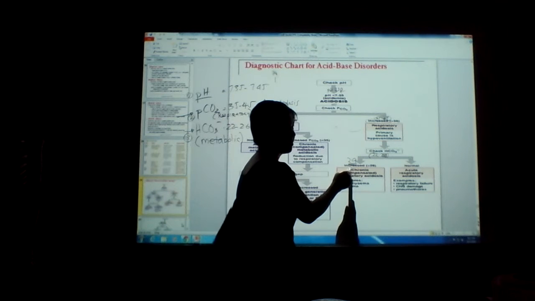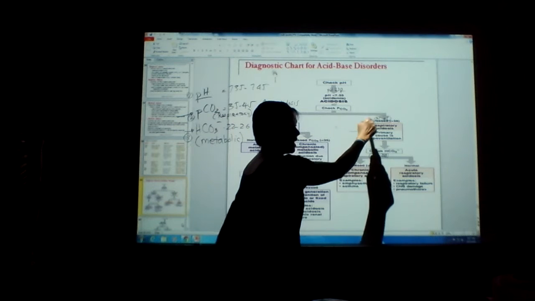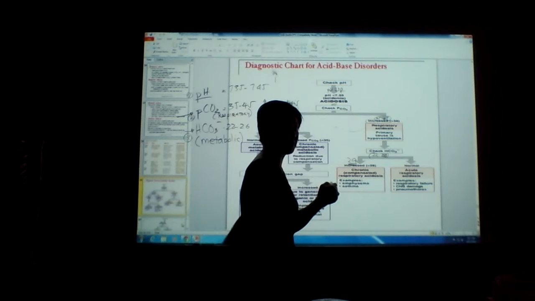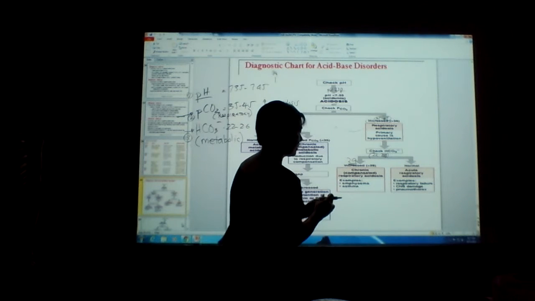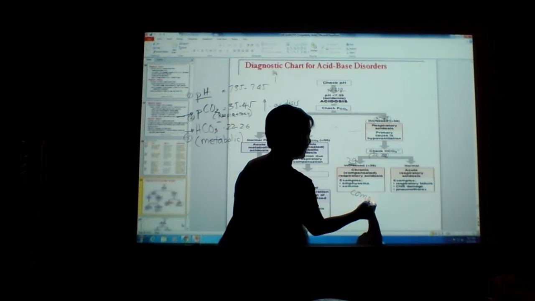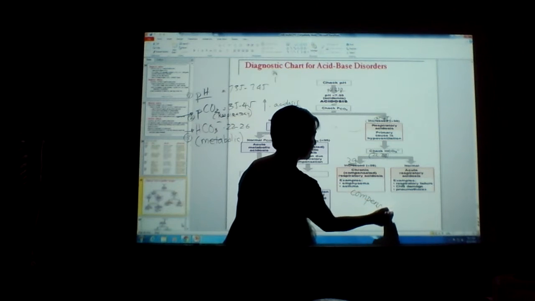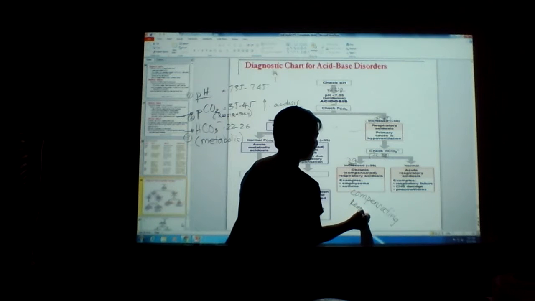It's higher than normal. So the bicarb is trying to neutralize or to correct the condition of the patient. So I'm going to write compensating, not compensated, compensating respiratory acidosis.